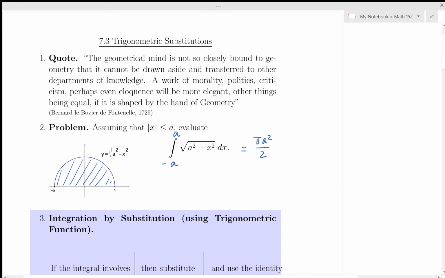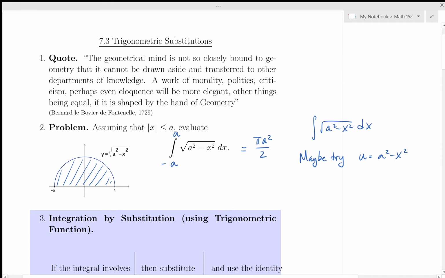Let us say, though, that we had wanted to do the original indefinite integral. Then we need to come up with some function whose derivative is this function here. Maybe the obvious thing to try, from what I've done before, is letting u be equal to a squared minus x squared.